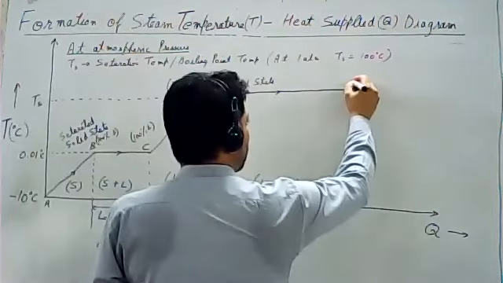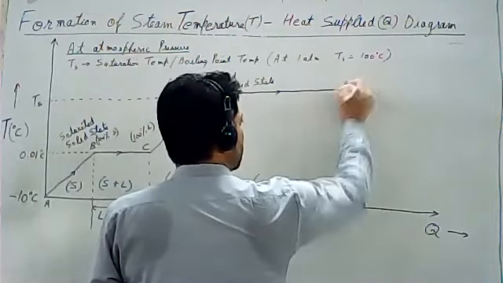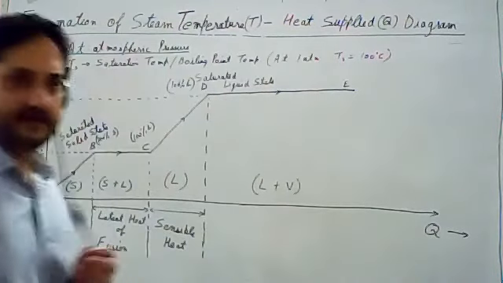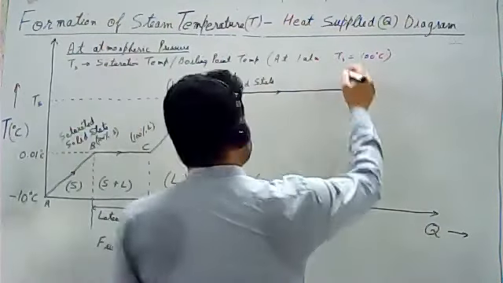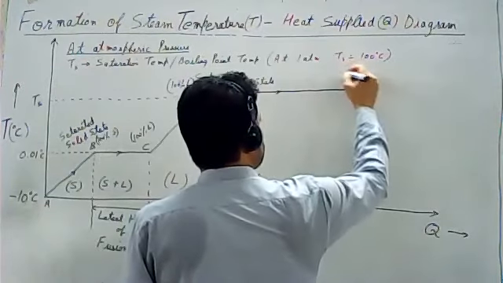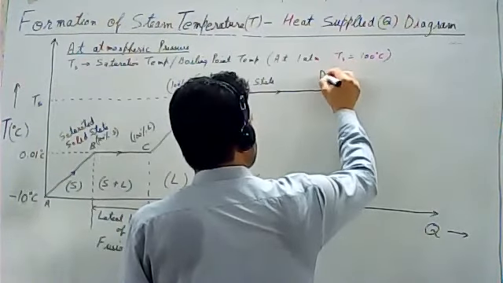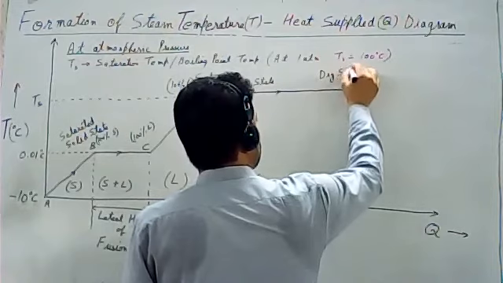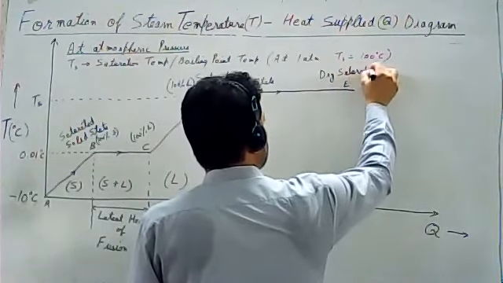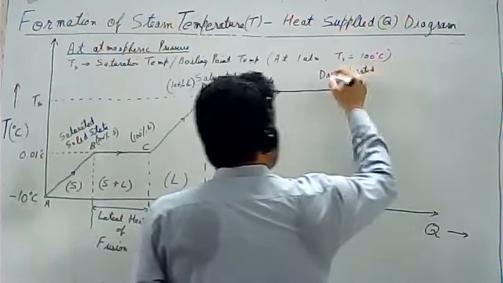And then point E is known as the dry saturated steam state.